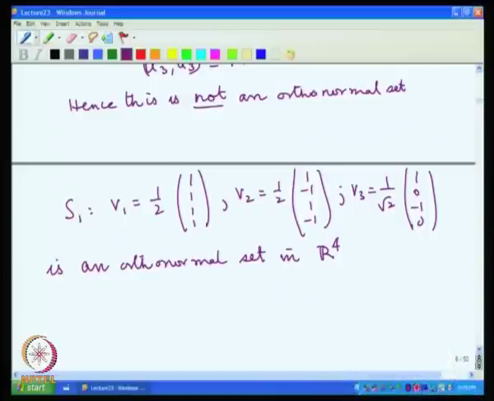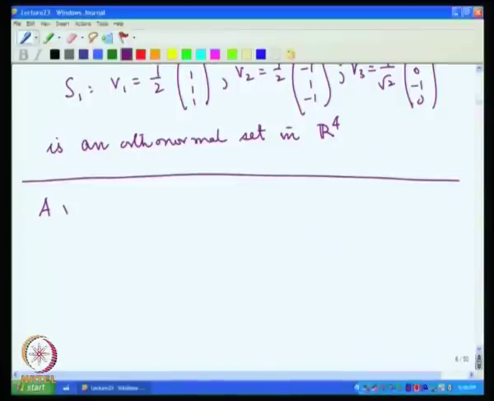The name suggests it: ortho and normal. The word ortho refers to the fact that any two vectors are mutually orthogonal to each other. The word normal refers to the fact that the vectors have been normalized to have length 1.